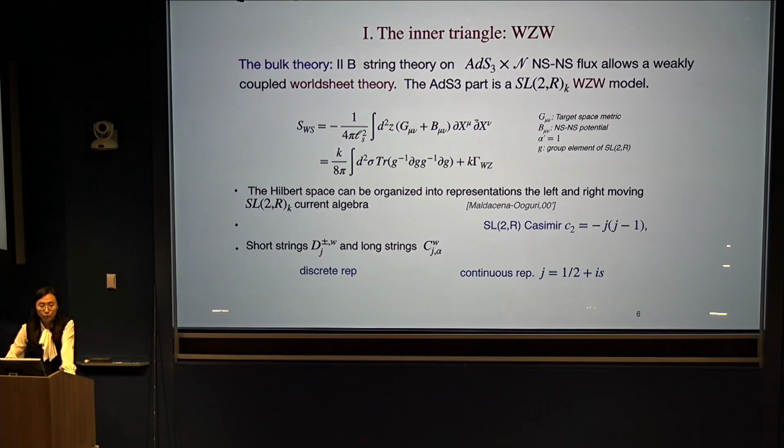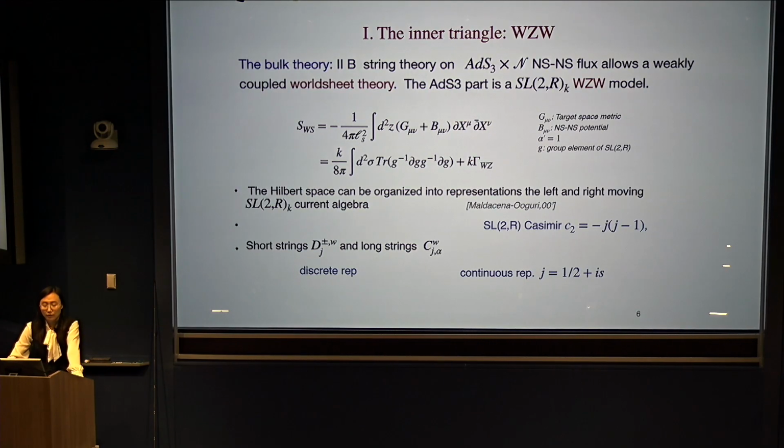What I want to stress is that the perturbative spectrum of this theory contains two parts. One is the so-called short string sector, characterized by the discrete representation of SL(2) and also a spectral flow parameter w.